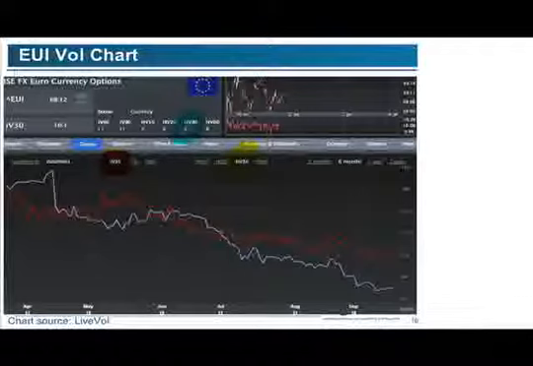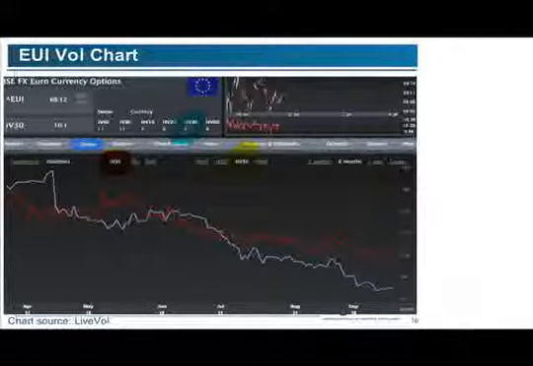Now the red line is the implied volatility. The implied volatility is the volatility component that's embedded in option prices. It's basically looked at as the market's estimate for the future volatility of EUI, and that volatility is implied by the market prices.